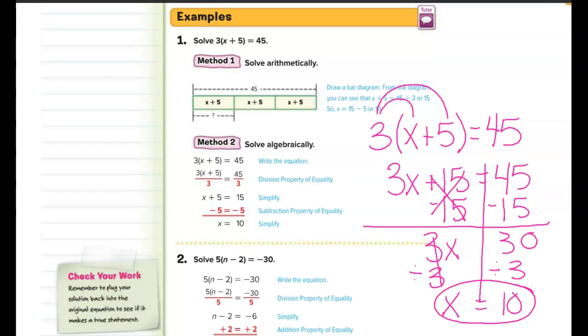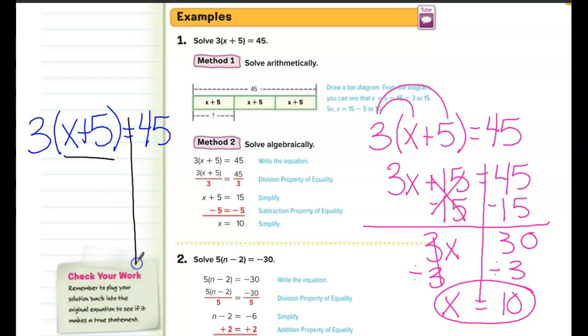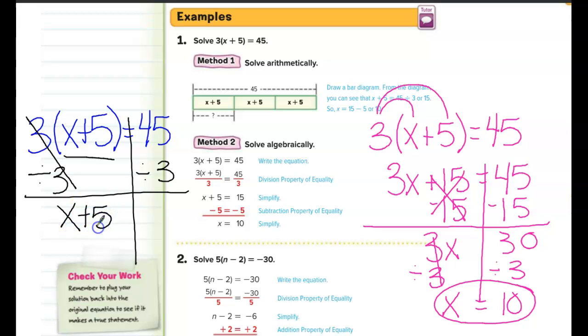The other way to solve that same problem, so if I have 3 parentheses x plus 5 equals 45, 3 is multiplied to this parentheses right here. So if 3 is multiplied to it, the opposite would be divide. So if I divide this side by 3, 3 divided by 3 is going to give me 1, so that gets rid of it, but I still have an x plus 5 on that side.